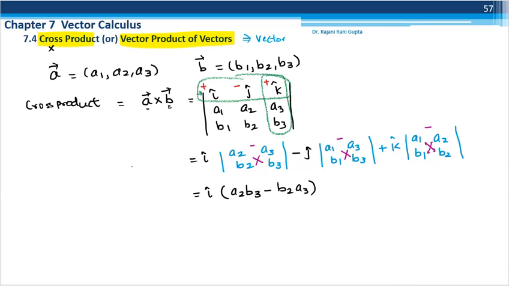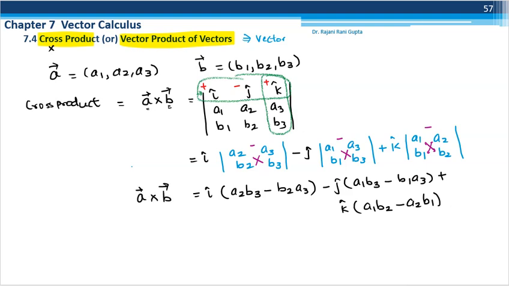It doesn't matter whether you write A3 B2 or B2 A3, because the product is commutative. j times (A1 B3 minus B1 A3). Similarly, with k, you will have A1 B2 minus A2 B1. So this is the cross product of vectors A and B.